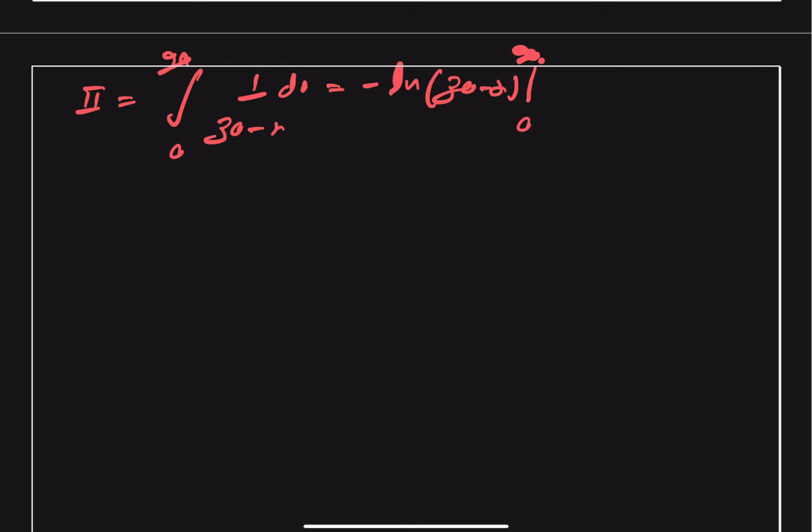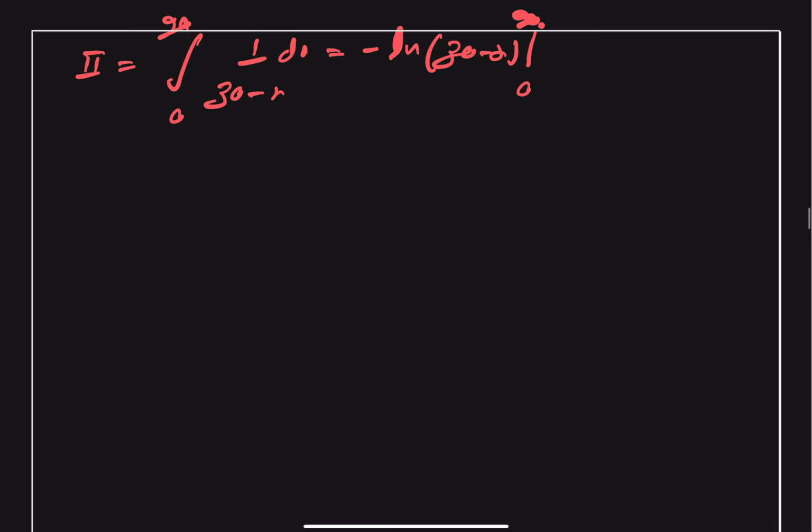Second part, which is the integration from a to 2a of 1 upon (3a minus x) dx, and this comes as minus natural log of (3a minus x), from a to 2a. We substitute the value.